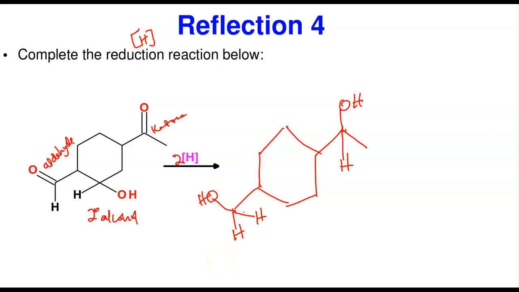Let me label them with a different color. This is the secondary alcohol, and this now becomes a primary alcohol. Now what about the last one here? This is already reduced. No further reduction can occur. That's why we never talk about the reduction of alcohols, because they're already in the reduced state. They can only undergo oxidation, they cannot undergo reduction.